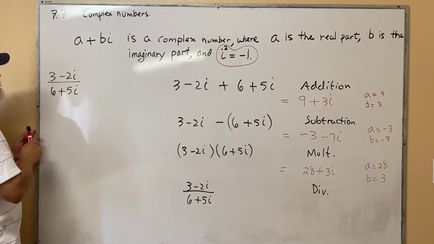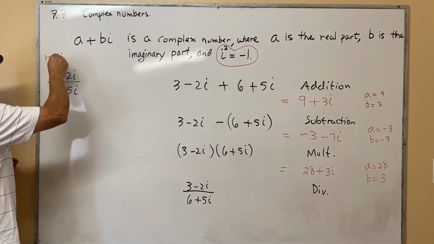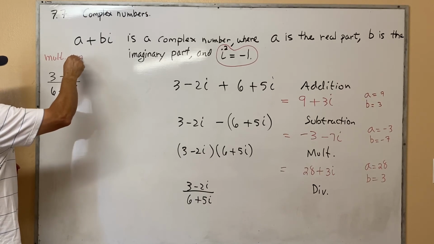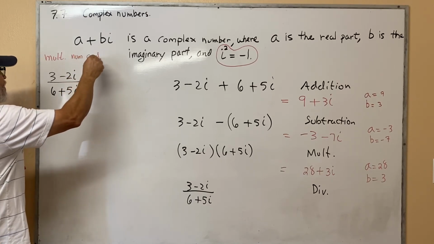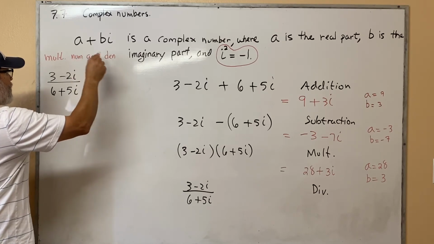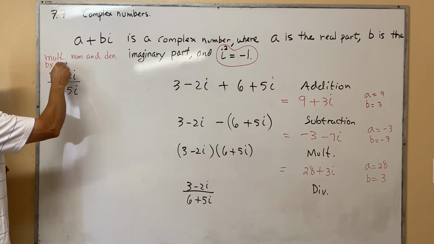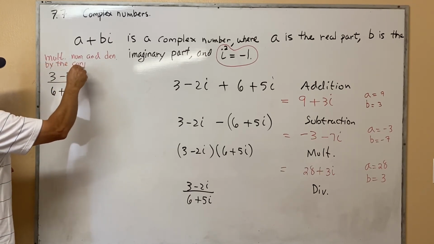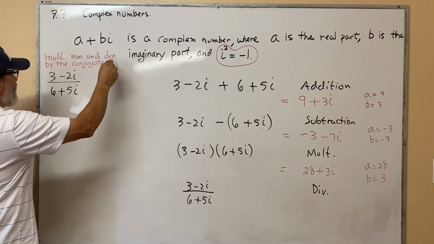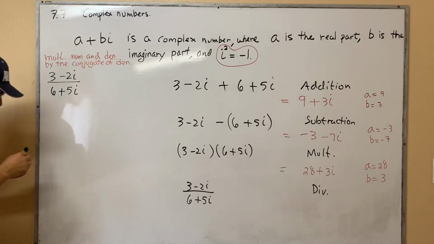Multiply numerator and denominator by the conjugate of the denominator. There you go. Okay?